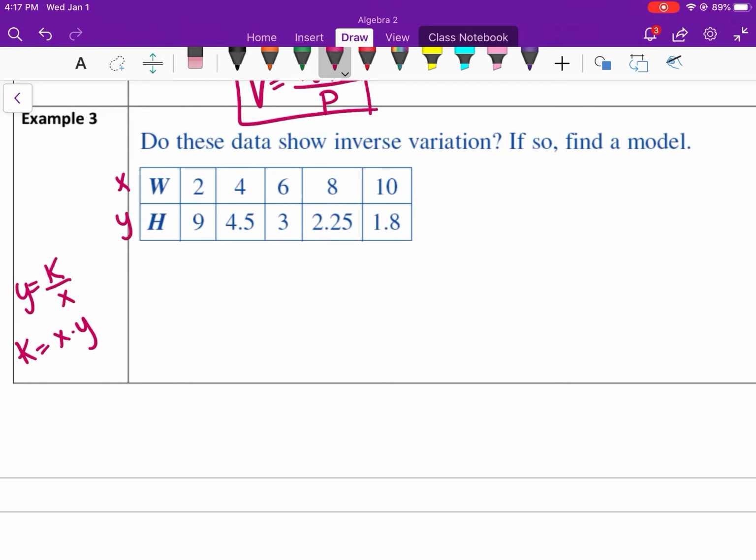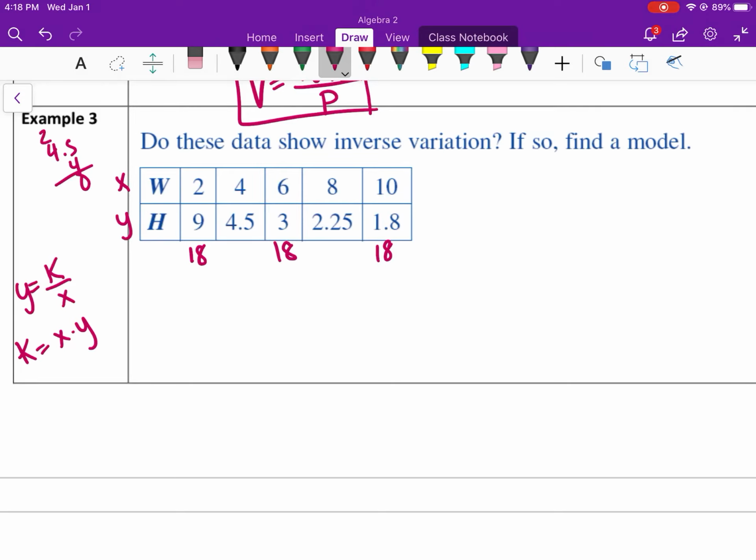So basically, if we multiply these two columns, like w times h, does it equal the same thing each time? So like 2 times 9 is 18, 3 times 6 is 18, 10 times 1.8 is 18. So those work. I know just by looking at it.